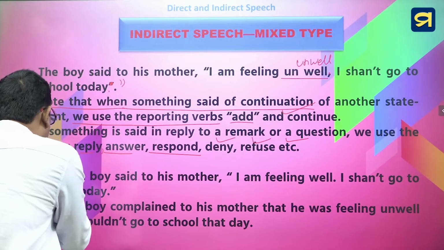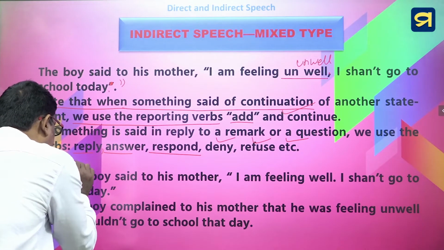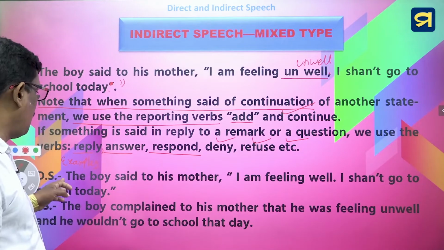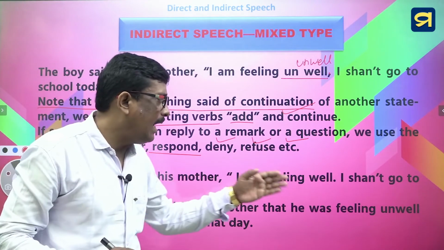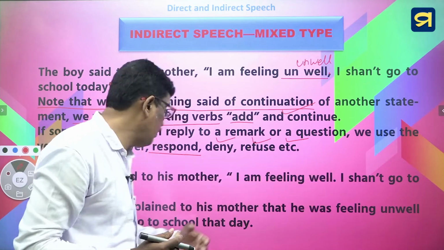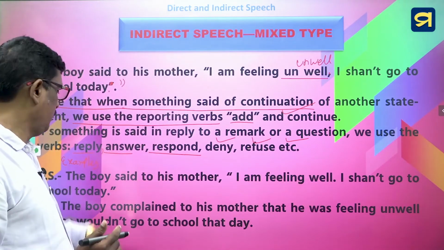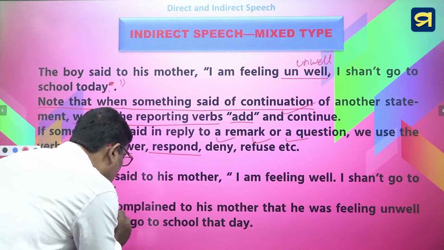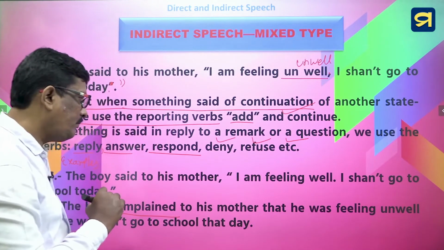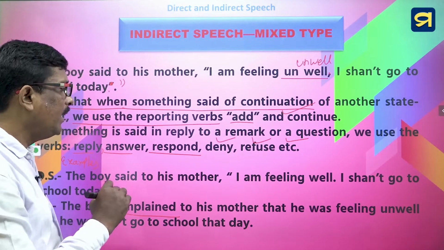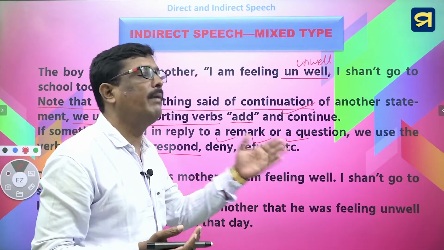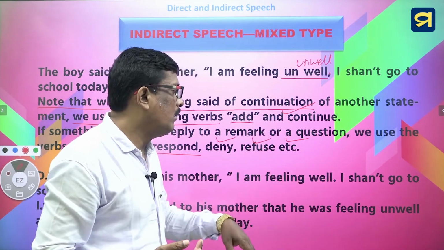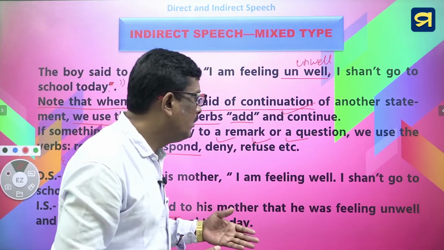Now we will take some examples. The boy said to his mother, "I am feeling unwell. I shan't go to school today." How will it change? You see, the boy complained to his mother. What did he complain? He complained that I am feeling unwell, and he also told what?